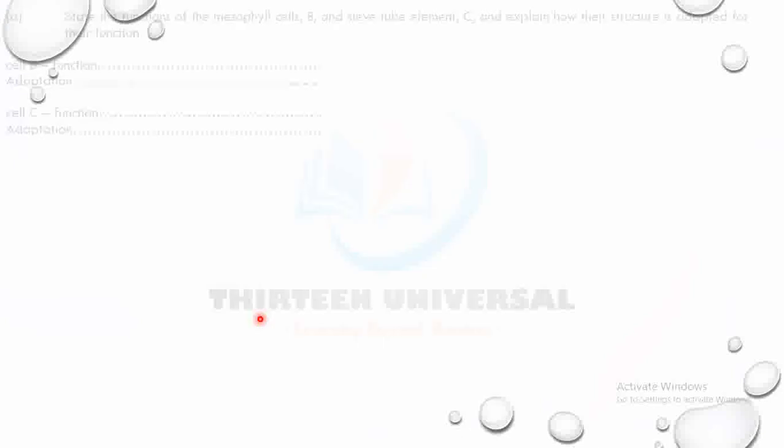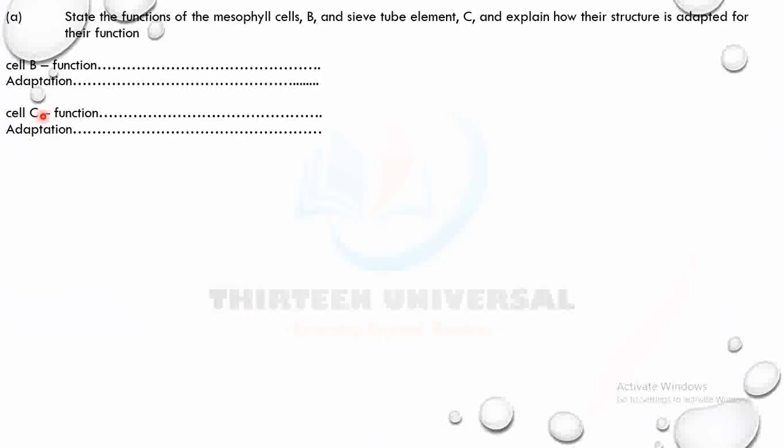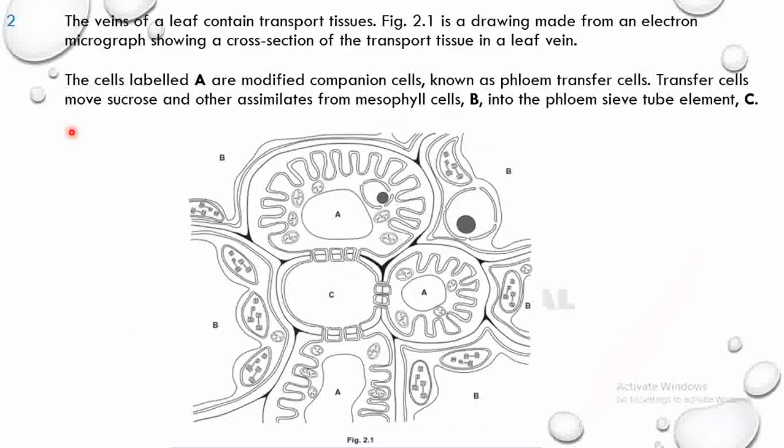Let's check the next one, cell C, function and adaptation. What is the function of cell C? Remember that cell C is the phloem sieve tube element. So it transports assimilates from source to sink, it is responsible for translocation.